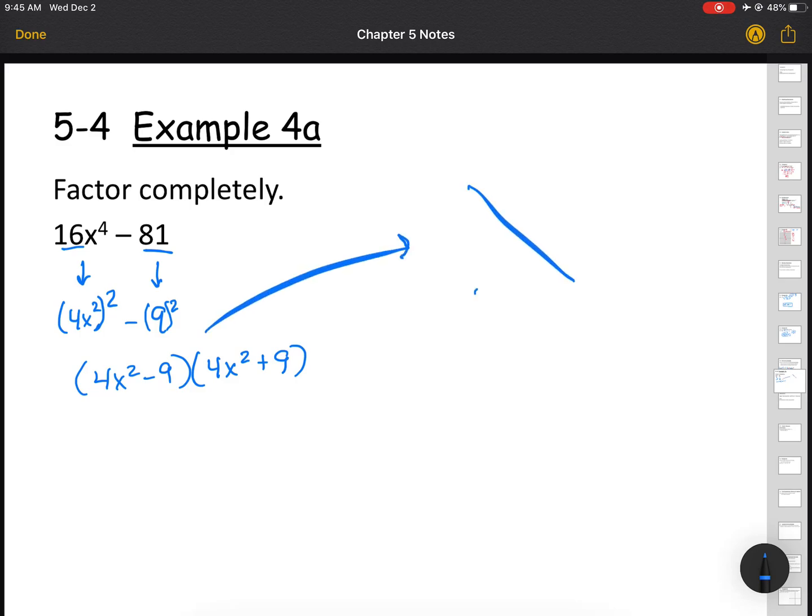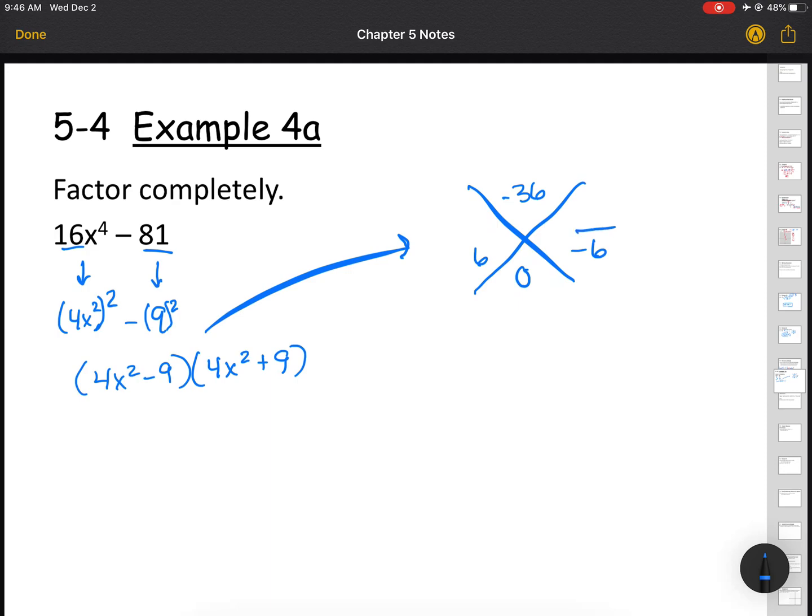So let's do the x method with that one. 4 times negative 9, remember a times c, negative 36 up top, and my b is 0, since I don't have any b term. So my factors there are 6 and minus 6. That help make 0, but multiply to be negative 36.